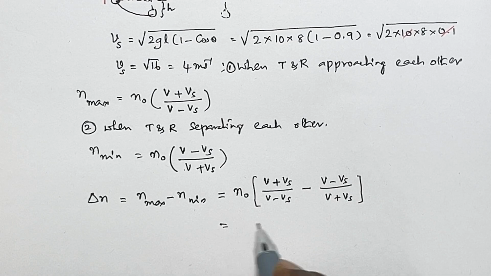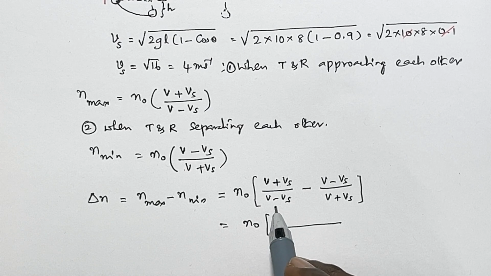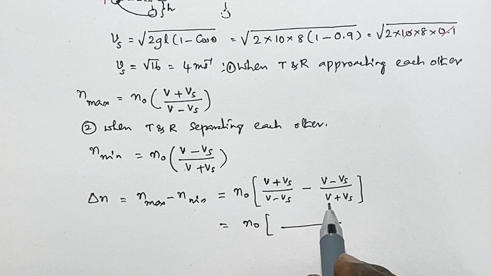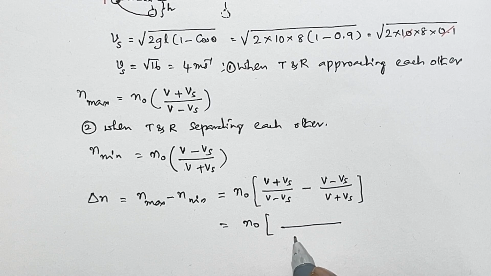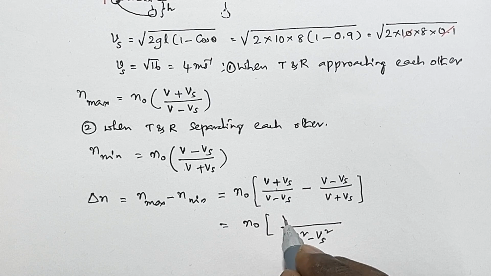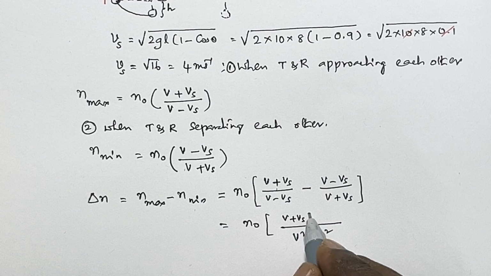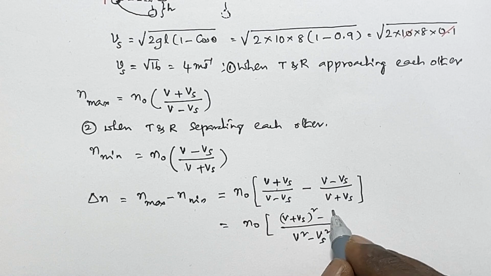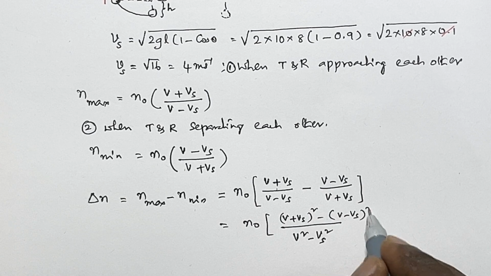The LCM is (V minus Vs) into (V plus Vs), that is V square minus Vs square, A plus B into A minus B. The numerator becomes (V plus Vs) whole square minus (V minus Vs) whole square.